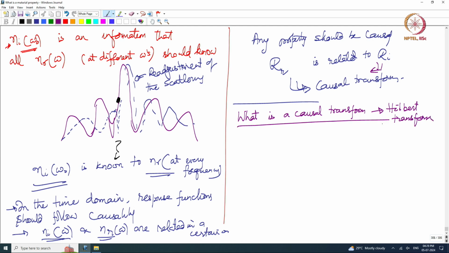Okay. Now, mathematically if I have a function phi of omega, that has phi r omega plus i phi I omega.